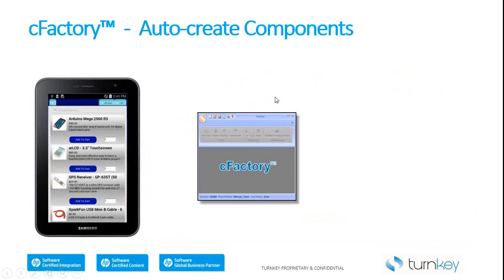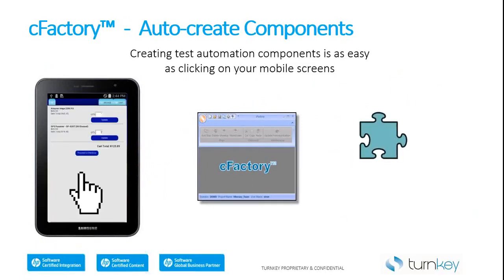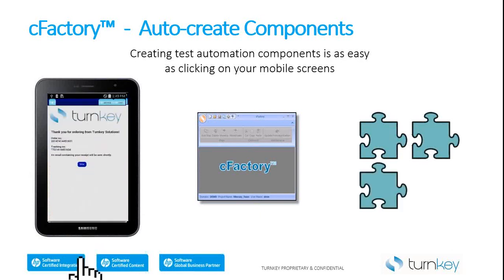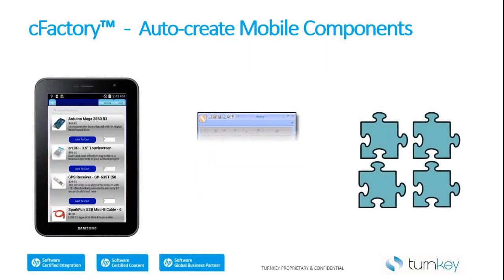How does it work? Well, really no different than we said work with other applications earlier. You simply bring up that application, click on the screen, and cFactory is going to analyze the screen, and it's going to create these fully optimized BPT components so that we can string those together using drag and drop. But again, this has been extended out and now operates in a mobile environment.